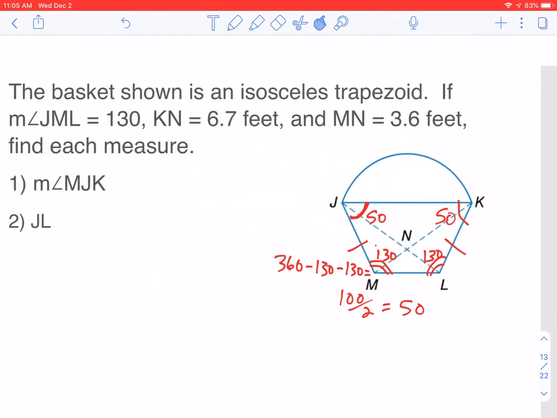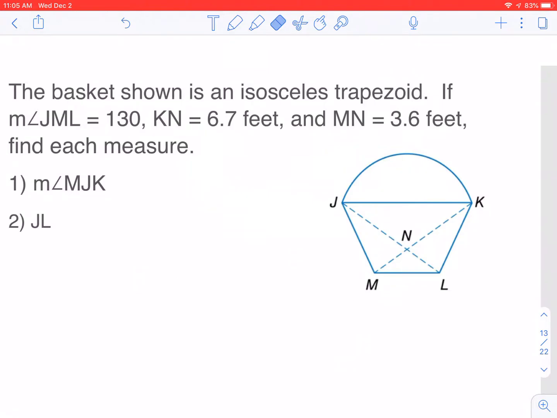Now it's asking for how to find JL. Now, this is kind of a challenging problem. KN is 6.7, MN is 3.6. So here's what we got to do. We got to find KM.